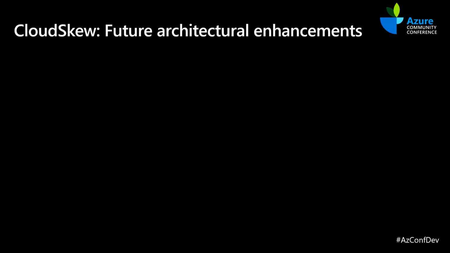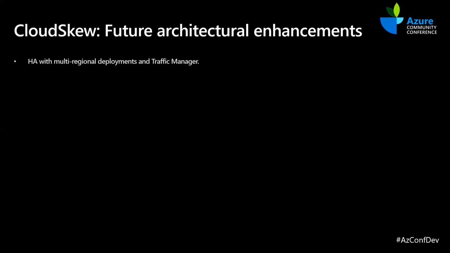Okay. Given that usage is increasing, both daily active and monthly active users, the usage is spiking. We have to make a bunch of architectural enhancements soon. Right now it's deployed to one region, West Europe.